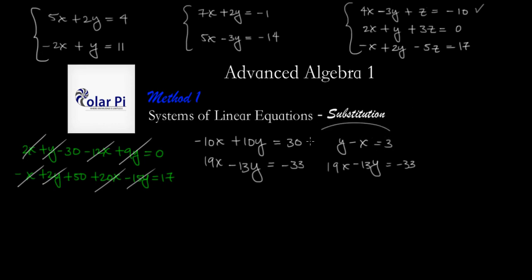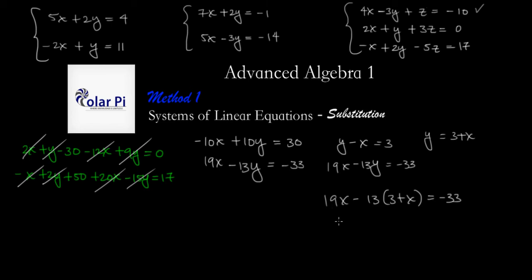And what you would do is, in this first equation, for example, solve for y, and you'd get y is equal to 3 plus x, right? And then you take that and you replace this y with 3 plus x, so you've got 19x minus 13 times 3 plus x equals negative 33.